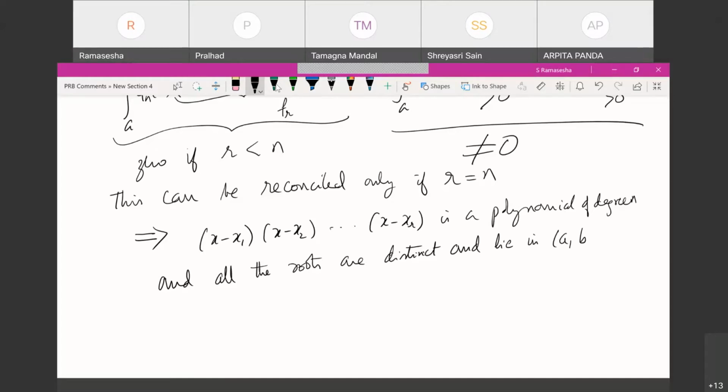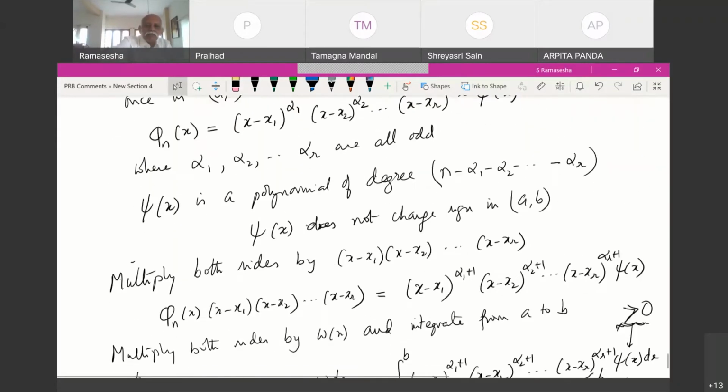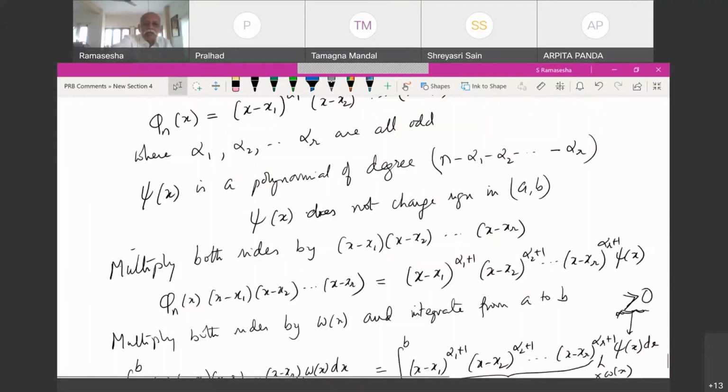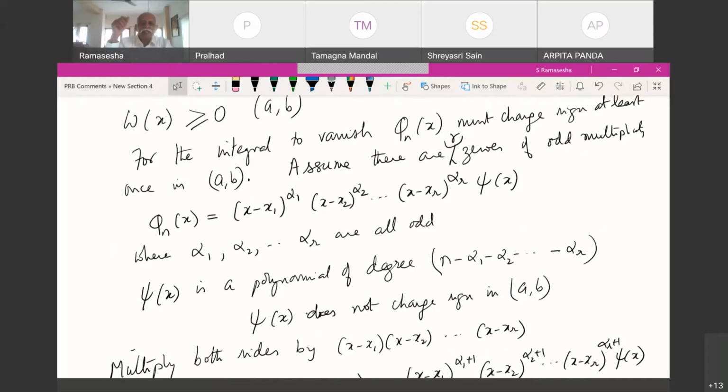Okay. Any questions? Sir, if r is greater than or equal to n? No, how can r be greater than or equal to n? Because (x minus x1) to the alpha 1, (x minus x2) to the alpha 2, up to (x minus xr) to the power alpha r, where alpha 1, alpha 2 are all odd and positive.